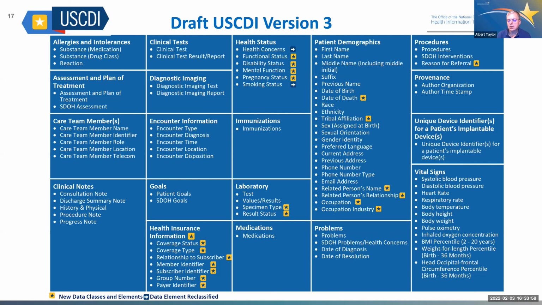I know we've already gotten one comment entered there, to change the name from demographics, because things like related person's name is not really a patient demographic. It's a way of connecting patient information. So any suggestions about a better name now that this data class is expanding would be welcomed, and welcomed before April 30th, please.